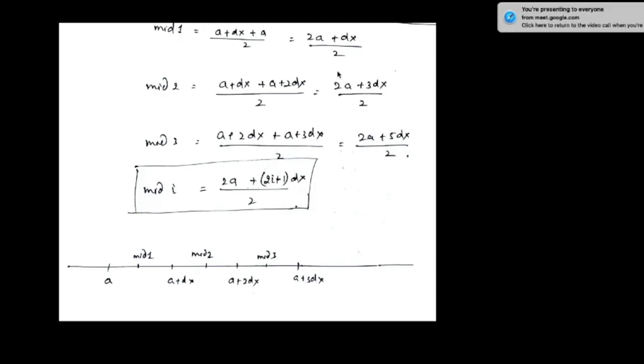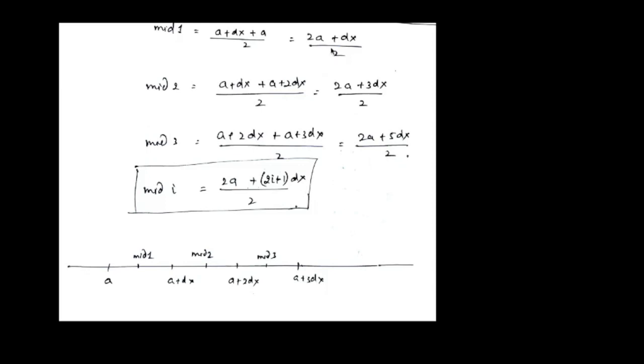So now if you look at it, for the first interval, the midpoint is 2a plus dx by 2. Second midpoint, 2a plus 3 dx by 2. Third midpoint, 2a plus 5 dx by 2.